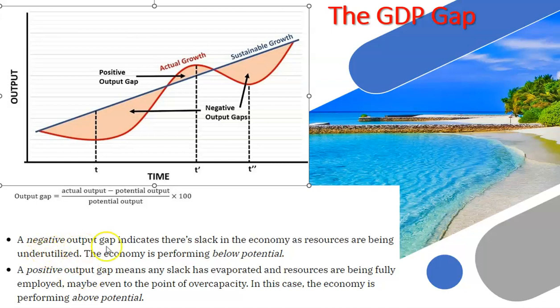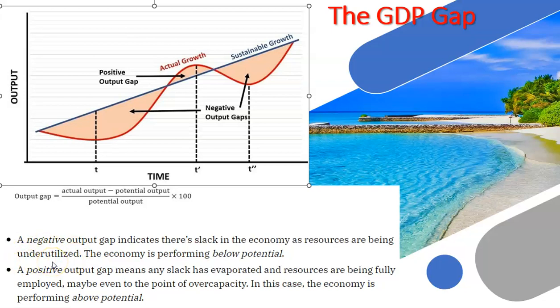A negative output gap indicates there's slack in the economy as resources are being underutilized. Why are they being underutilized? When people are laid off and machines are not being used as much as before, and raw materials are not engaged as often, and maybe for instance, a company cancels its third shift and nobody is even producing at that hour, all of that ends up being idle resources.